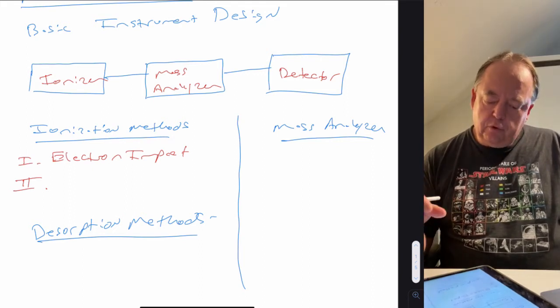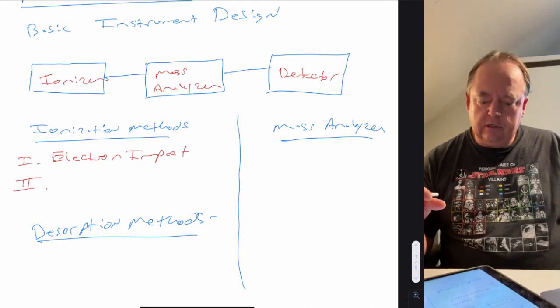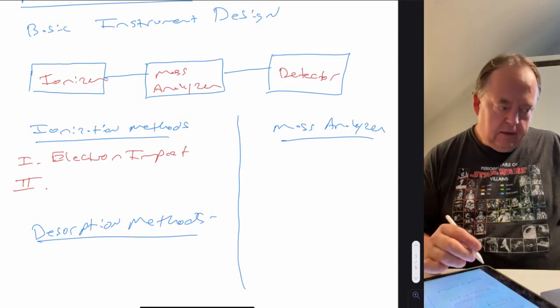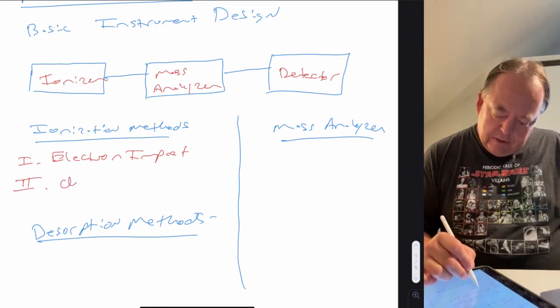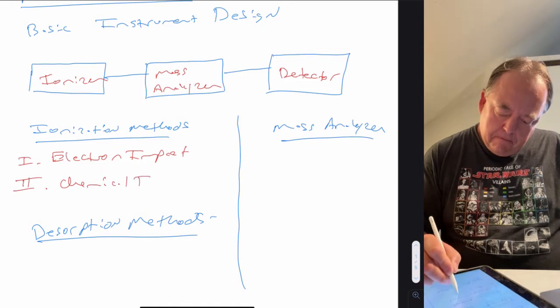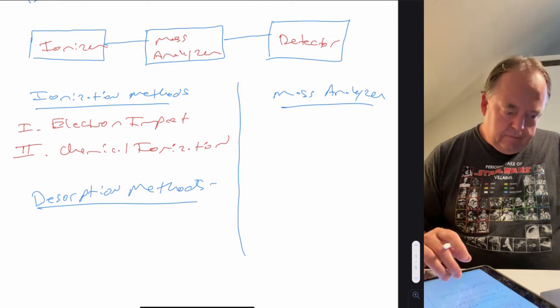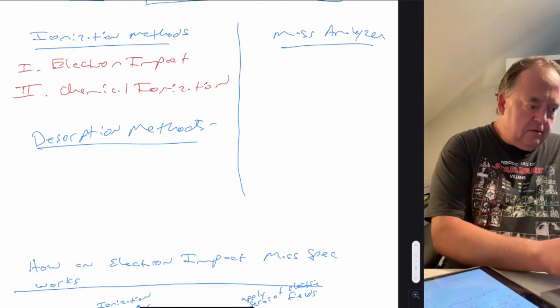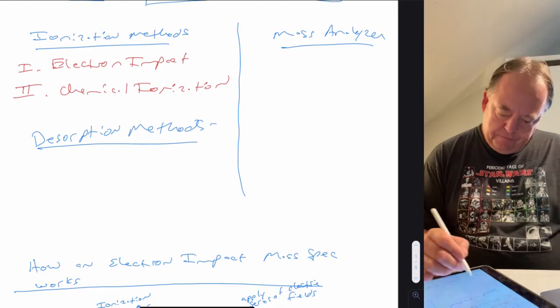So you have to go from neutral to charged. If the molecule is not charged, then it's not going to go through the instrument. Or you can have chemical ionization methods. You can have desorption methods to get the molecule charged.